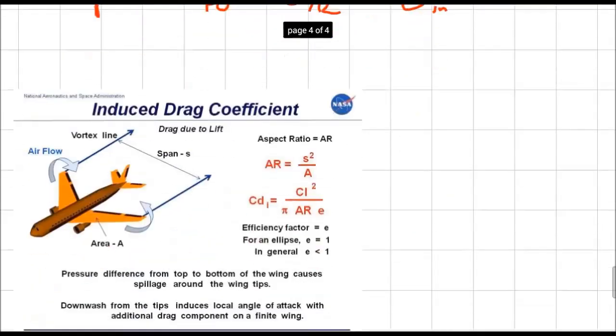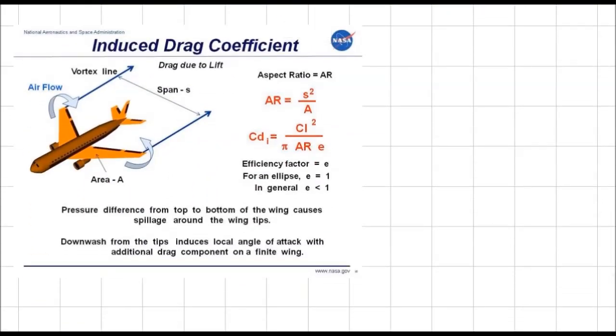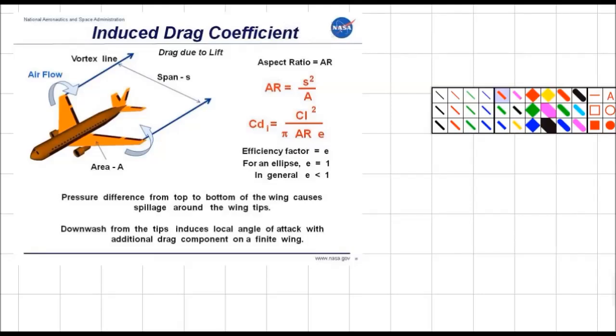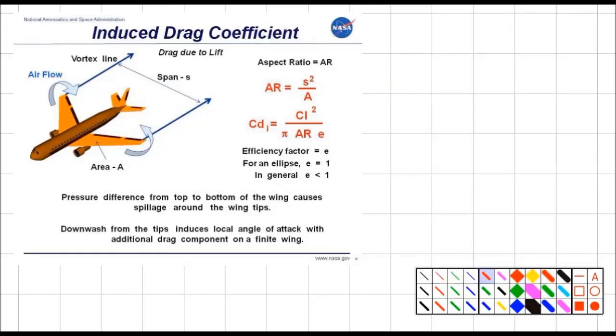Now, once you look into lifting, aerodynamic lift, the moment you produce aerodynamic lift, you have the problem of lift-induced drag. Again, the lift-induced drag is proportional to the power of 2 of speed. It is proportional to the surface area of the lift-producing surface, and there is a coefficient. Now, I found this on the NASA website. They actually can relate the drag coefficient for the induced drag, C_DI, to the aspect ratio.